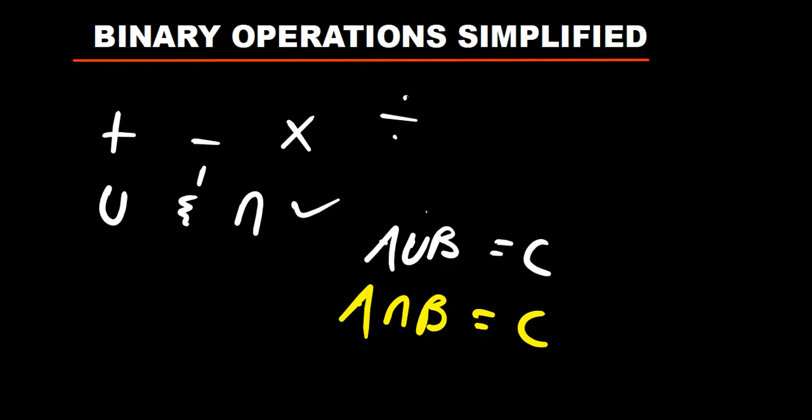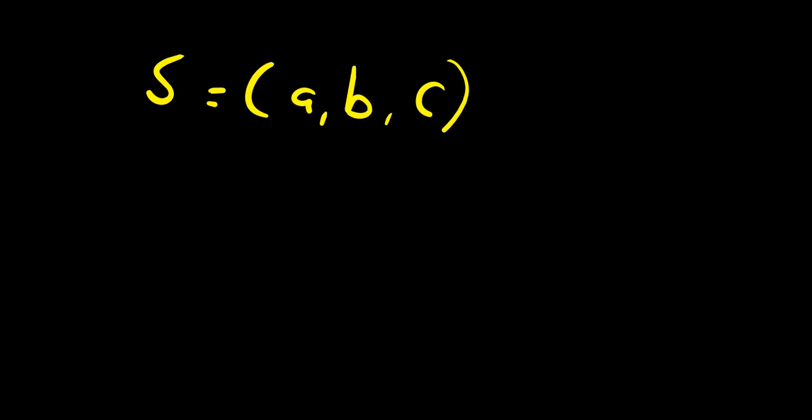But in this session we shall use the symbol star. We use a star to represent a generic binary operation. Let's say we have a set S with elements A, B and C. How are we going to represent this in terms of the generic expression?